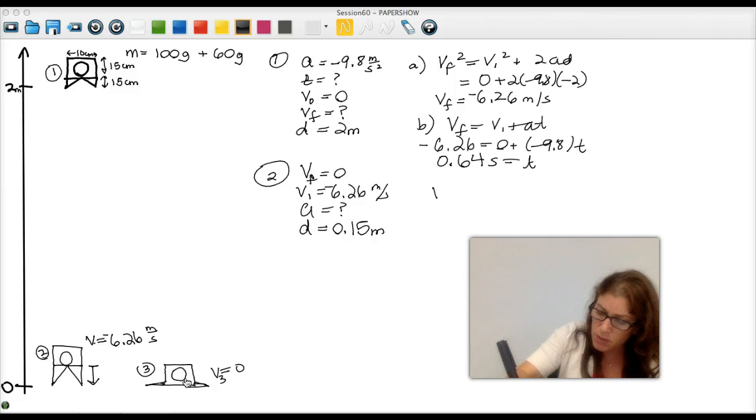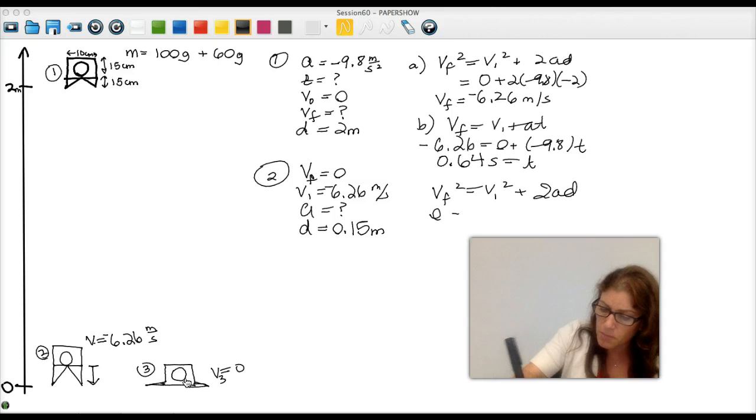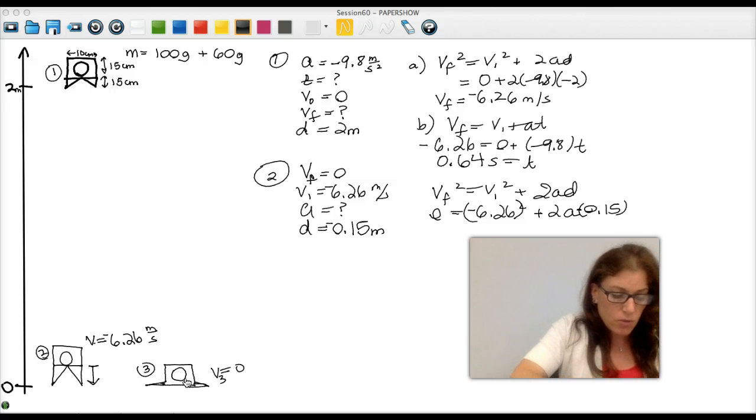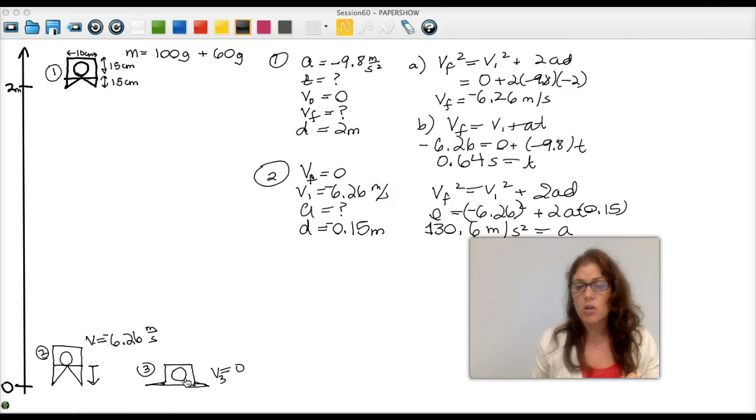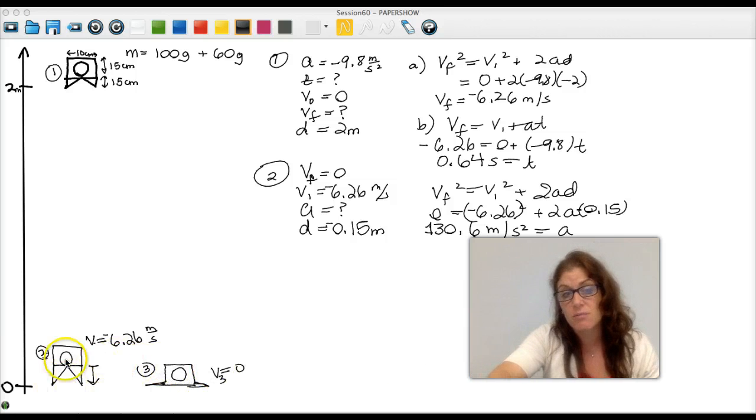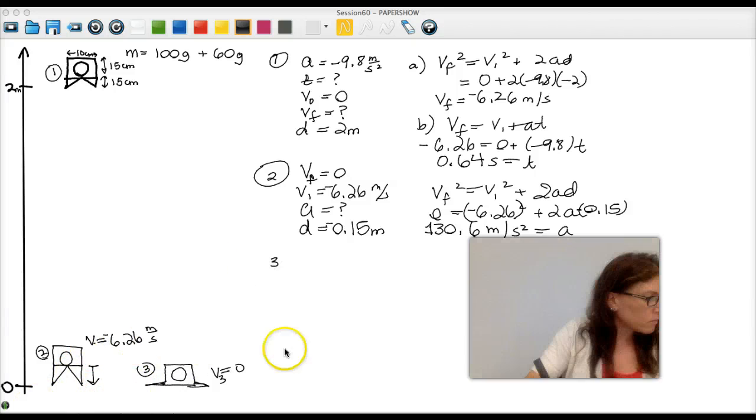So that's the same equation as the first one, but now you're solving for a. This is a negative displacement still. So you have 6.26 squared divided by 0.15 divided by 2, and you get 130.6 meters per second squared acceleration. That might seem like a pretty big acceleration, but it's got a big force acting on it, so it's going to take a while to slow down.